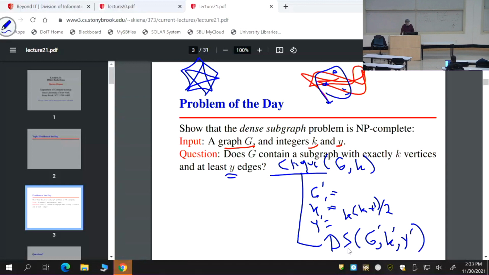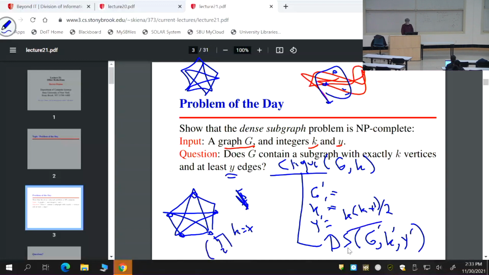Yeah, the number of edges in the complete graph. Does everybody see that in this case, k equals 5? How many edges are there going to be in a clique on 5 vertices? There's going to be 5 choose 2, which is exactly what that is.